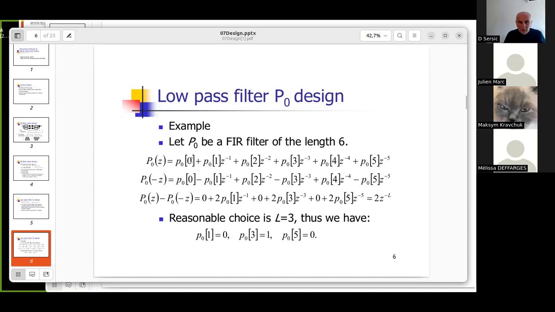Let's take a look at this polynomial. The polynomial has odd and even exponents. Even exponents do not react to the negative sign of Z, so they remain the same. On the contrary, odd components change their sign. So wherever you see an odd exponent, that term must change the sign.